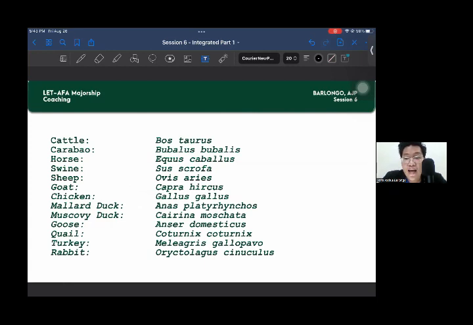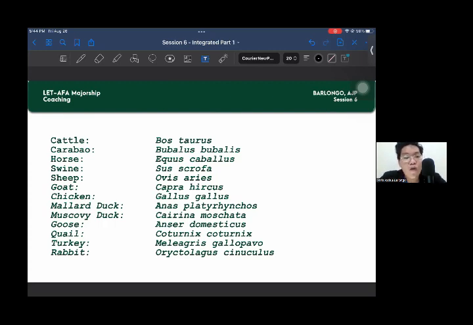It is good that we have an idea about the scientific names of common animals, because these are what are commonly asked in licensure exams. First we have cattle, which is Bos taurus.